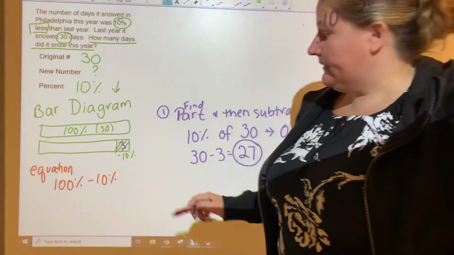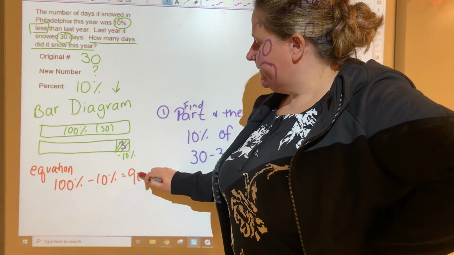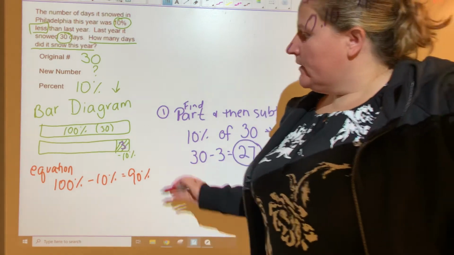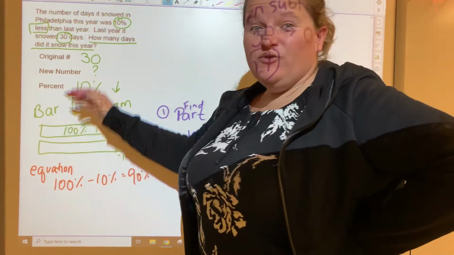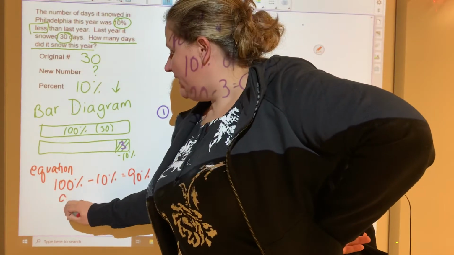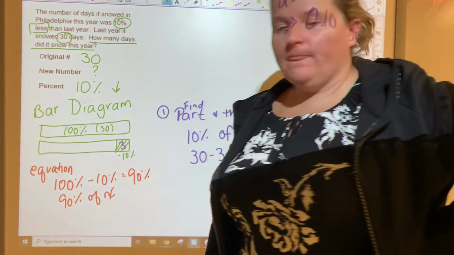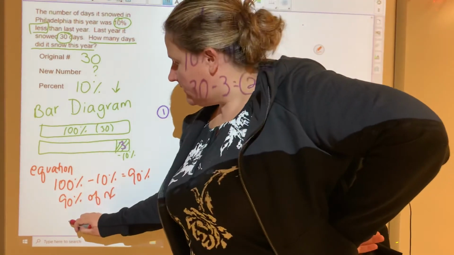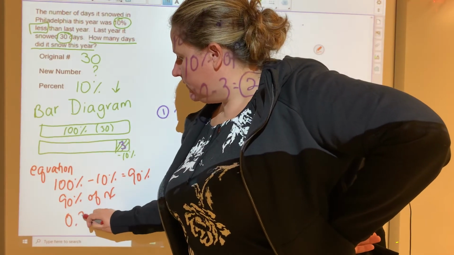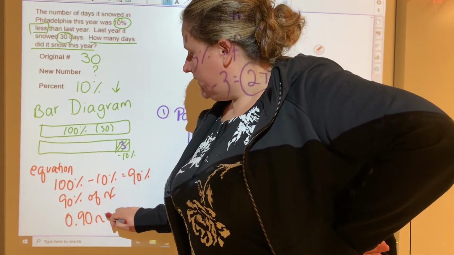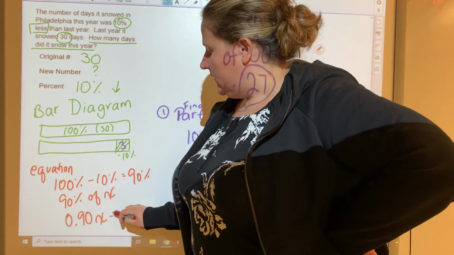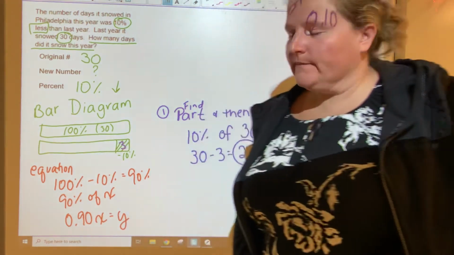Well, 100 minus 10 is 90. So that means my new number is 90% of the original. So I can write that as a decimal or as an equation. 90% of X is going to give me my new number Y.